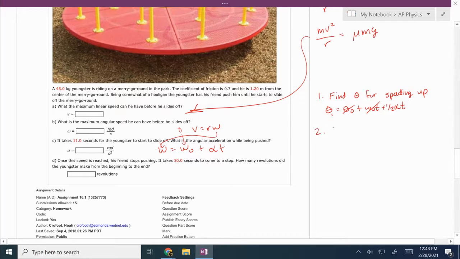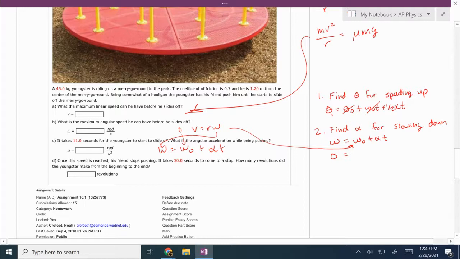The second thing you're going to do is find alpha for slowing down. Just like number 5, we know that part. You would know your final speed is going to be 0. Your initial speed is going to be the answer to part B, because it's when the kid slides off that it starts slowing down.